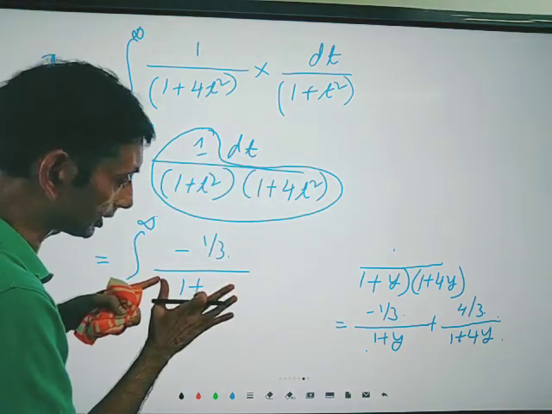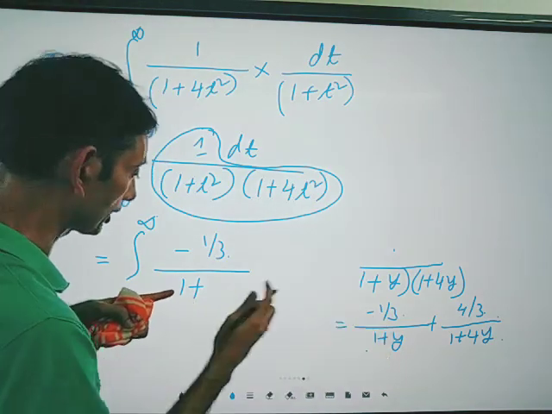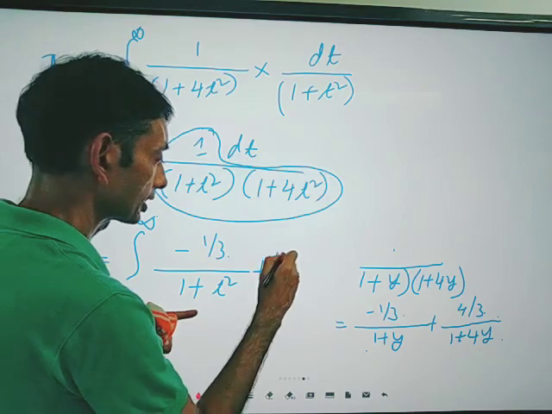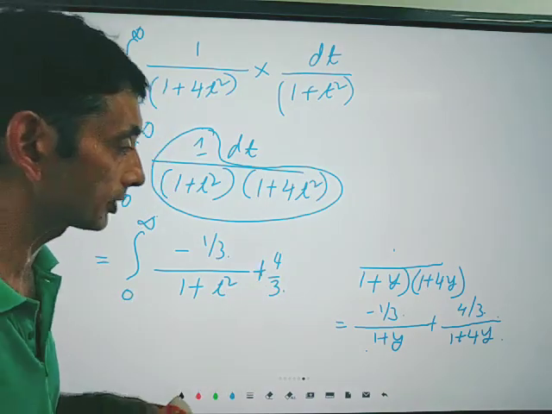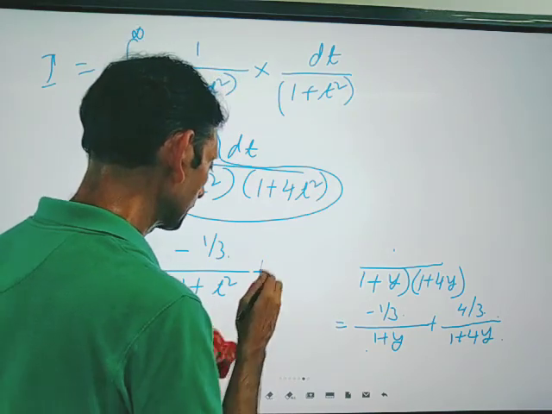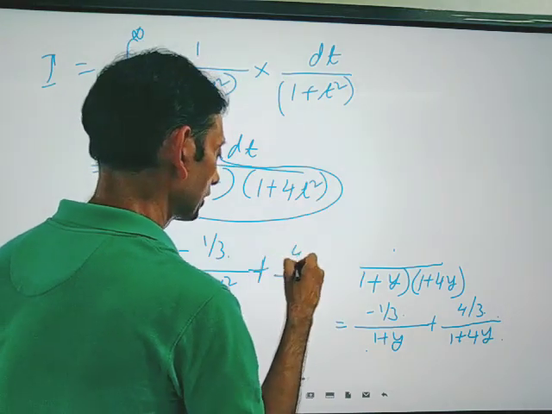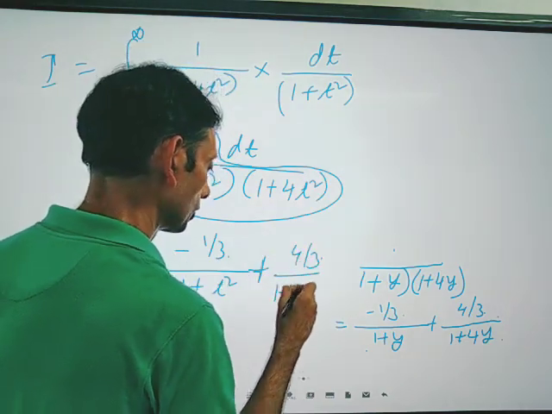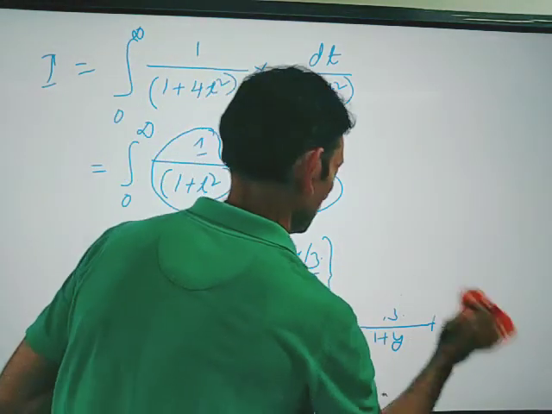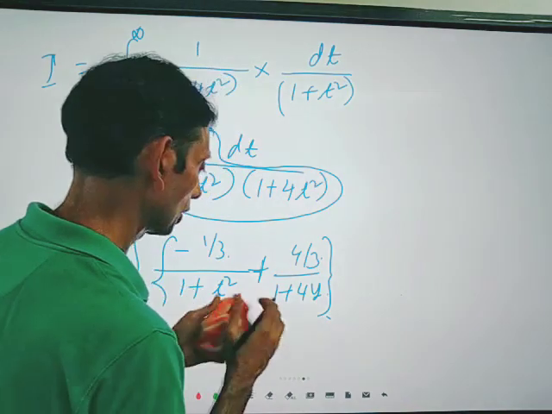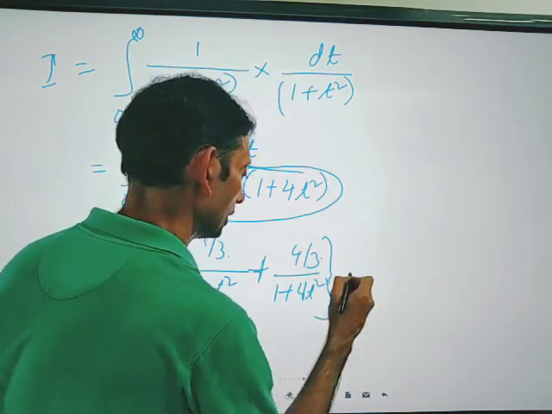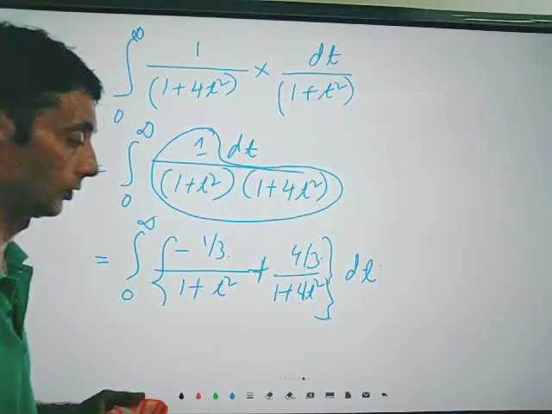So while writing, you need to write in terms of t. y equal to t square. t square plus 4 by 3, and we can just write in this way, 4 by 3, 1 plus 4y. Fine, not 4y, it's 4t square and dt.